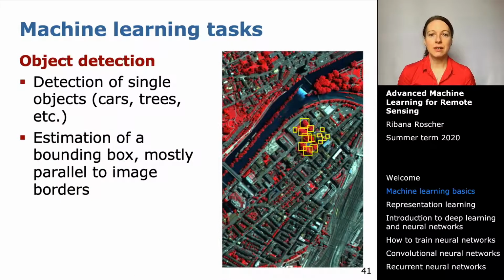So for object detection, you detect single objects, for example, cars or trees or whatever you want to find in your images. And generally, you estimate a bounding box. And this bounding box is mostly parallel to the image borders. These bounding boxes can vary in size, and also they can overlap.